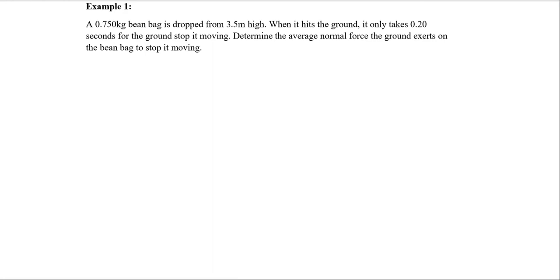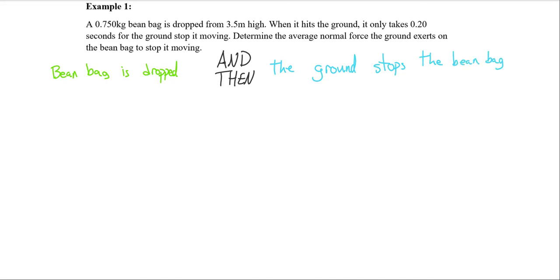So I'm going to need to summarize this problem, and that'll help me. So when I'm thinking about this problem, I notice that a beanbag is being dropped, and then the ground stops the beanbag. And this "and then" provides us our natural separation.